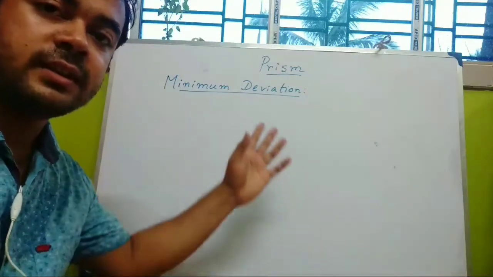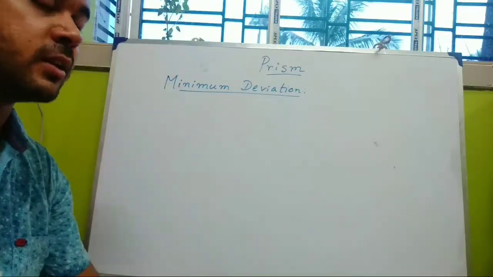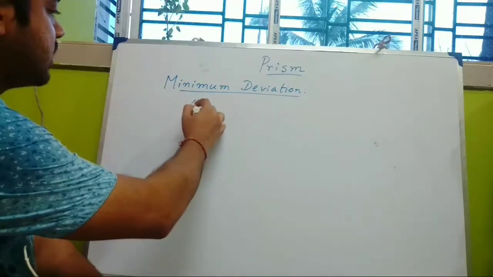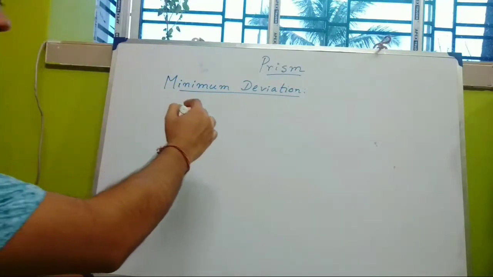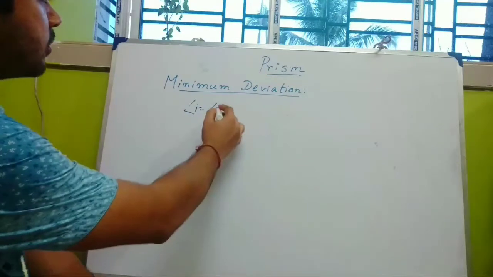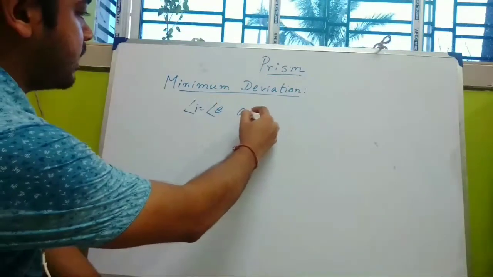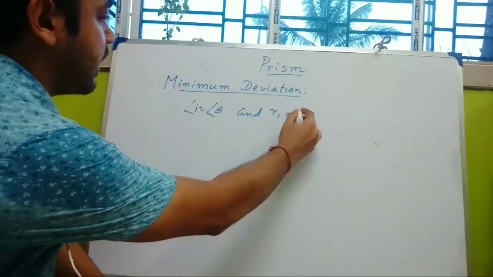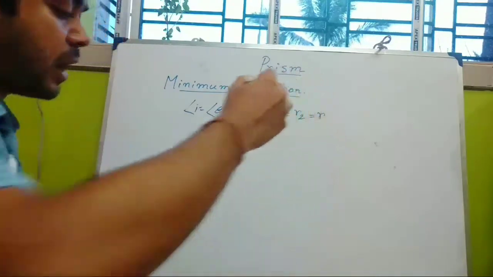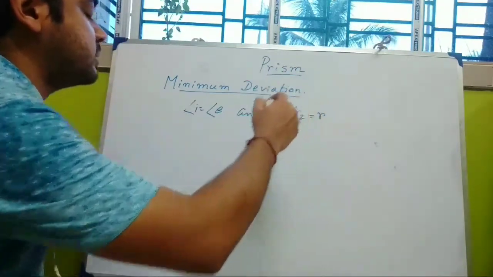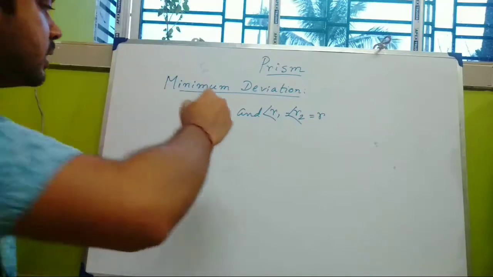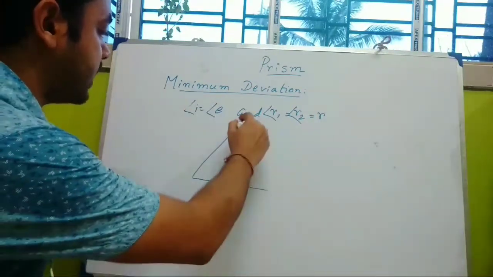Now let us see the conditions for minimum deviation. For minimum deviation, the angle of incidence must be equal to the angle of emergent, and R1 and R2 should be equal to R. That is, the refractive angles must be equal. Now for this case, the figure will be like this.